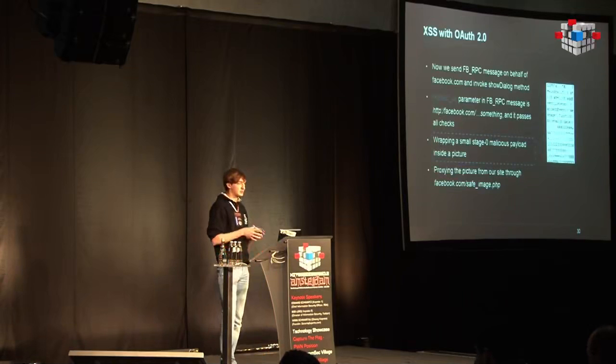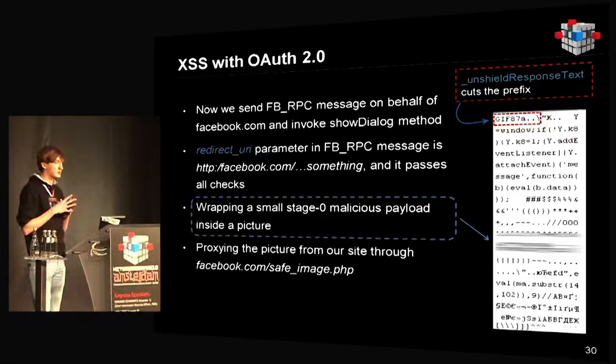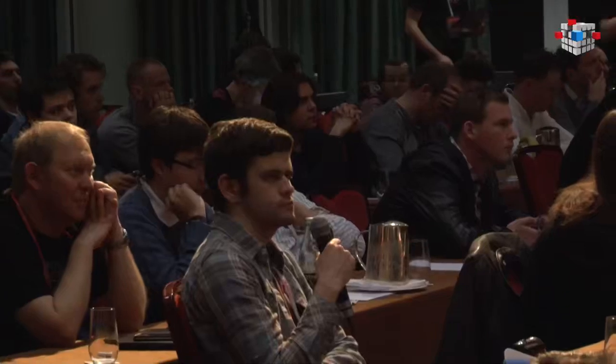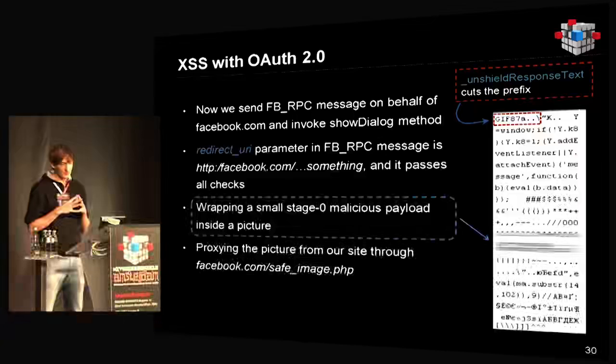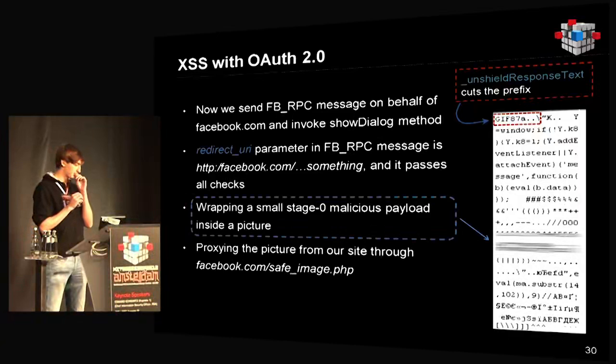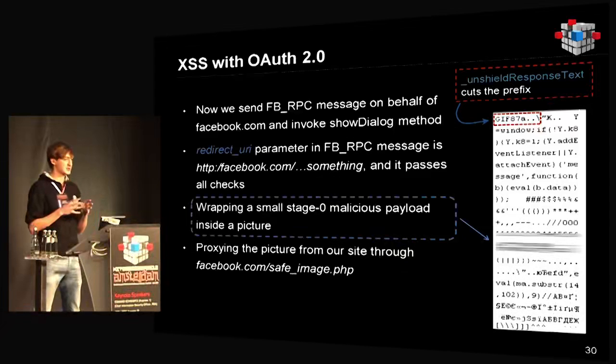So there is another mitigation in the Facebook app controller. It's called unshielded message. I don't know how many of you looked into the Facebook app controller JavaScript code. If there are any, just raise your hand. I think no. So all the JSON responses from Facebook have an infinite loop added into the beginning, so you can't inject this JSON into your page and exploit XSS in a simple way.